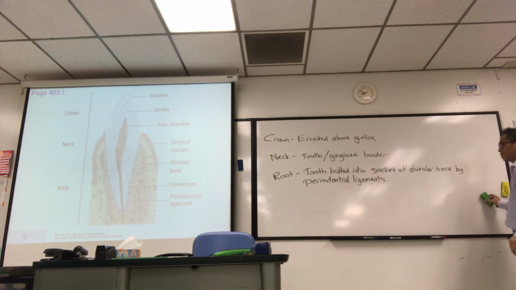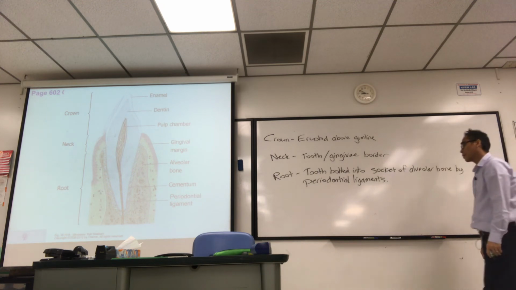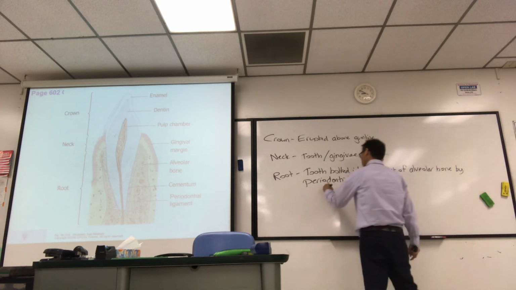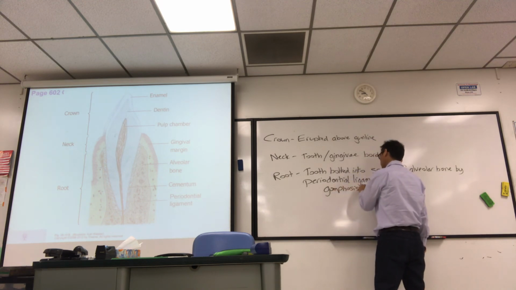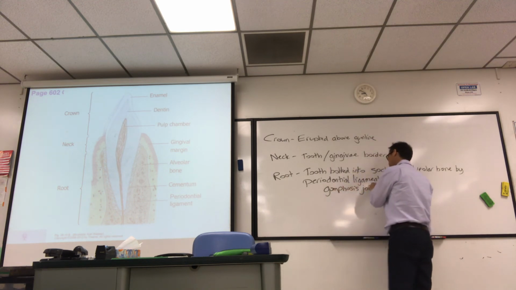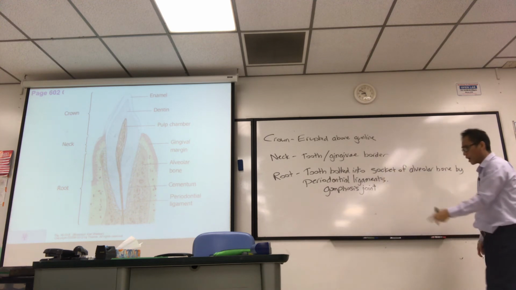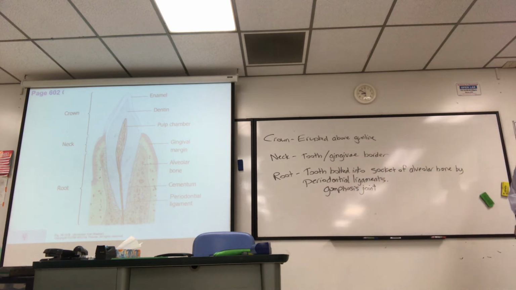That joint, those ligaments bolting it in, is called the gomphosis joint, which means bolted condition. You can look up that joint type in that chapter of your book if you want to review that, but that's what it is.